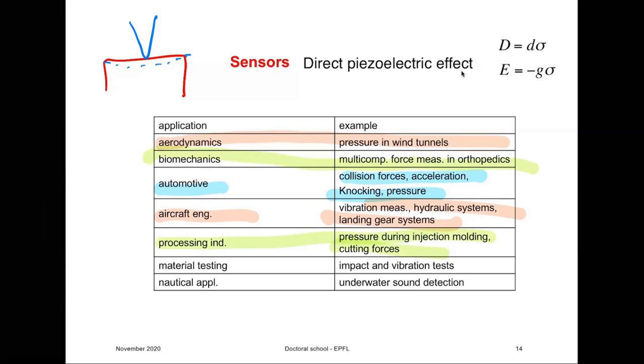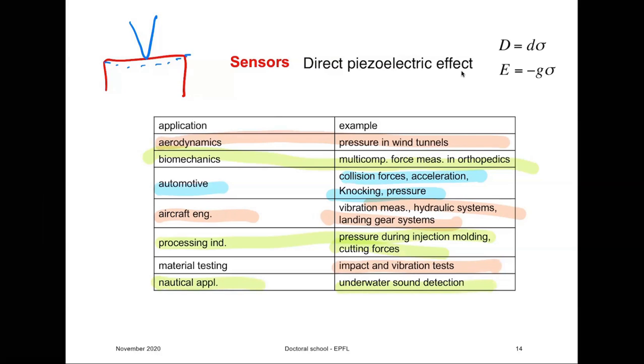In material testing, for measurements of impact and vibration tests, part of that is done with non-destructive testing with ultrasound, and we will talk about transducers later. And in the same category are nautical applications, underwater sound detection. We actually use what are called transducers.